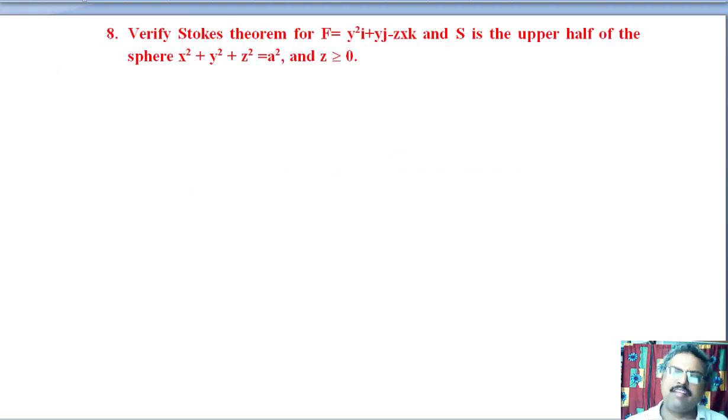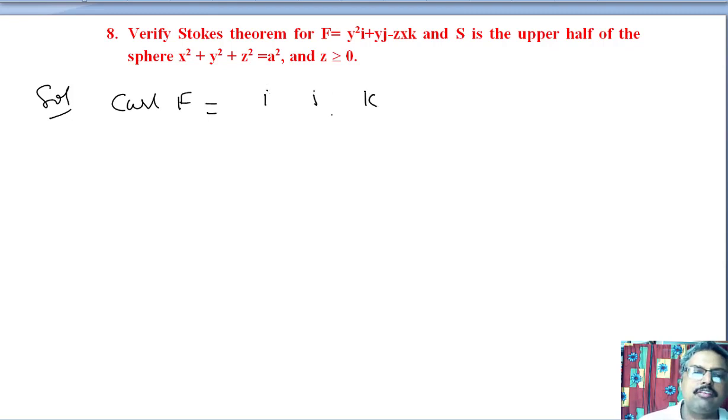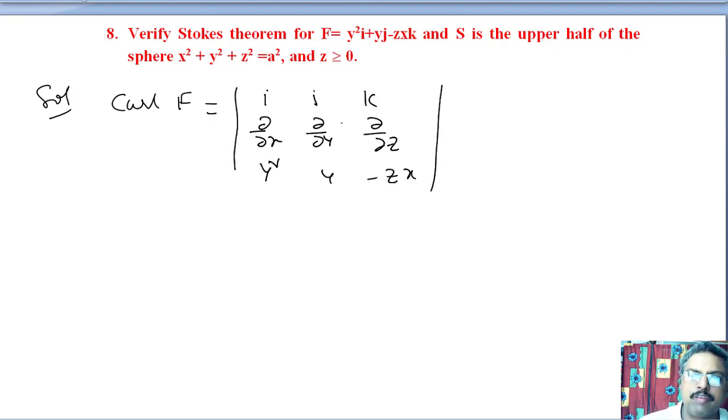Okay. In a similar way, same procedure, we will discuss another question. Curl f, same procedure, the function is different. i, j, k, dou by dou x, dou by dou y, dou by dou z, y square, y minus zx. i into dou by dou y, this value is 0, dou by dou z value is 0.